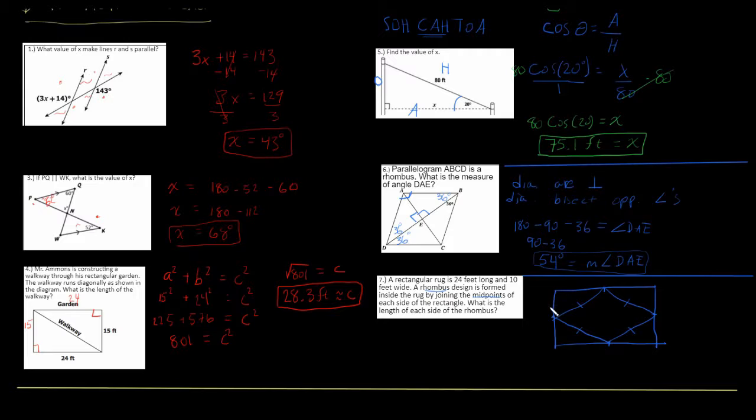Okay, let's see, what are some useful pieces of information? Oh, well, the rug is 24 feet long, so if the entire length is 24, then one of the half segments on the length would be 12. And if it's 10 feet wide, then one of the half segments on the width would be half of 10, or 5.